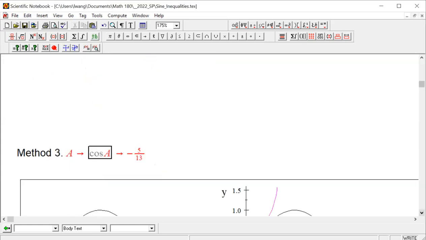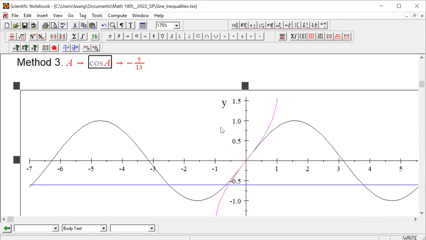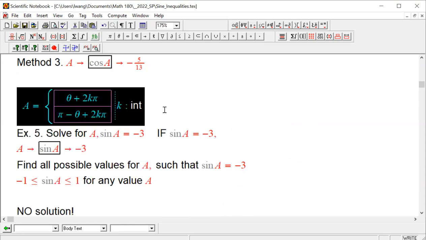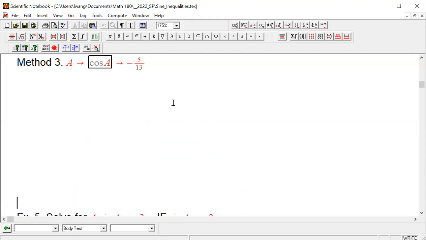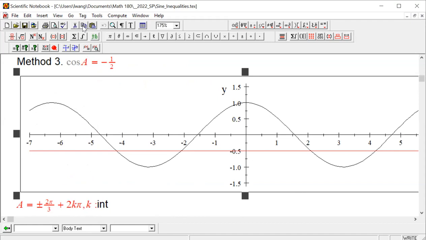Third method, of course, drawing a picture. So I'm going to remove this picture and bring in my cosine picture. Where's my cosine curve? Here we go.